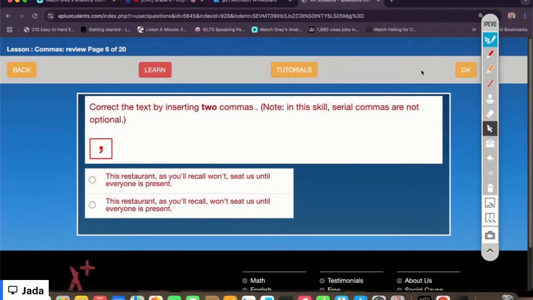This restaurant, as you will recall, won't seat us until everyone is present. Two commas. Which is the right one here?